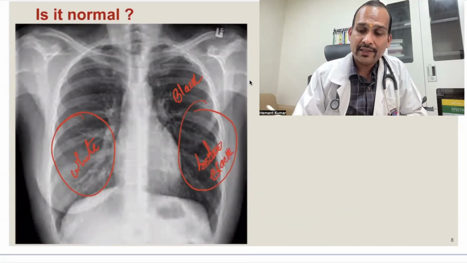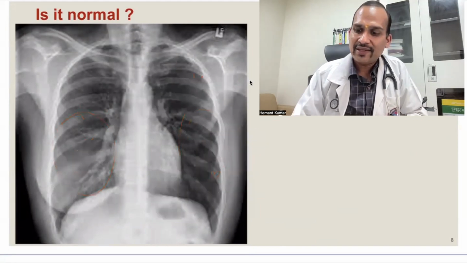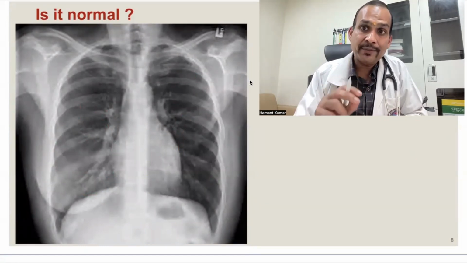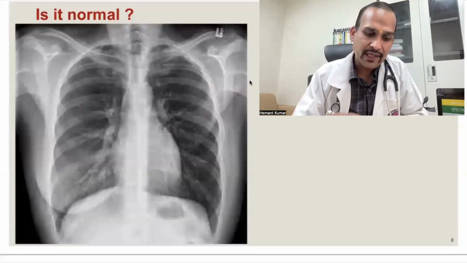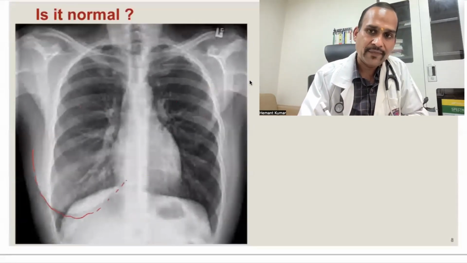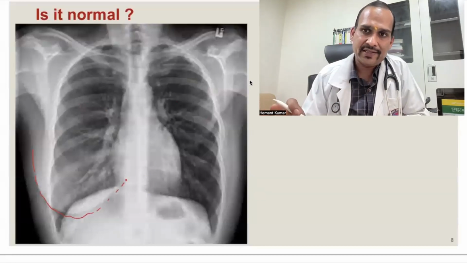Okay, but this X-ray is normal, because when you are seeing an X-ray, you have to see the breast shadow, especially in females. Okay, on the right side you can see this breast shadow. Breast shadow is soft tissue, so it gives a whitish appearance.